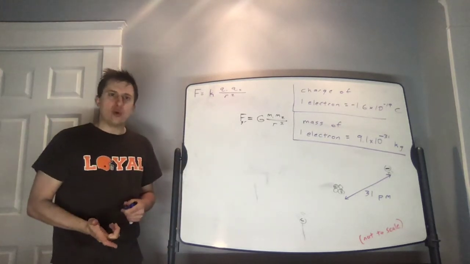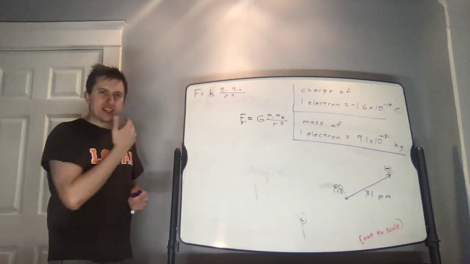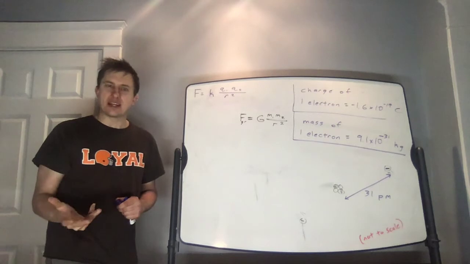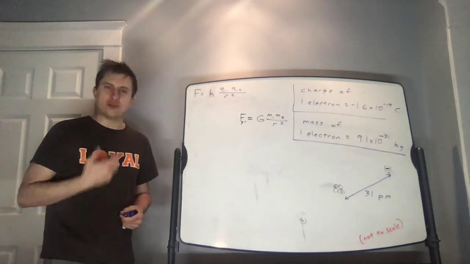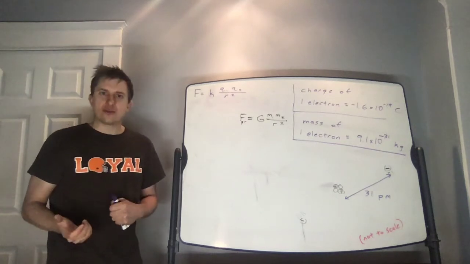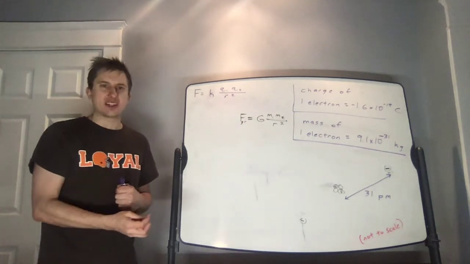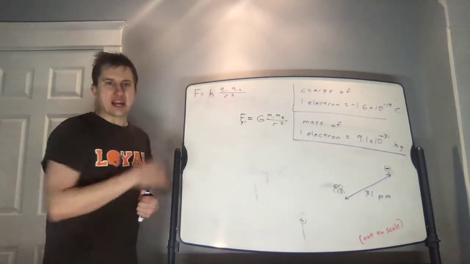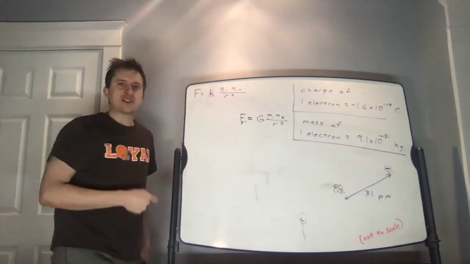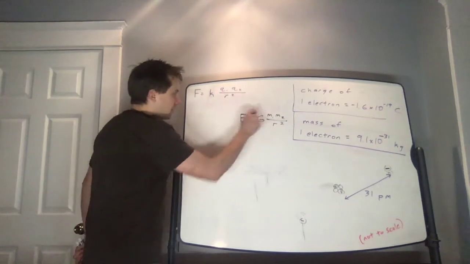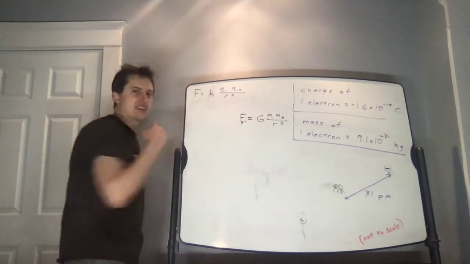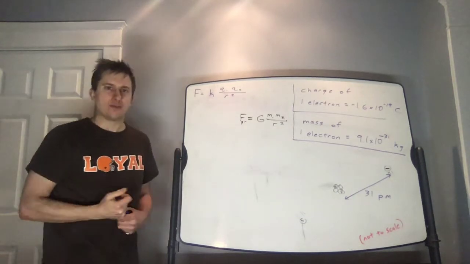When we work with Coulomb's law, the style of thinking we will use is very similar to the style of thinking that we used when we worked with Newton's law of gravity last semester. Last semester, we learned that the gravitational force on an object from another massive object is given by Newton's gravitational constant, big G, times the mass of object 1 times the mass of object 2 divided by the distance between the 2 objects squared.